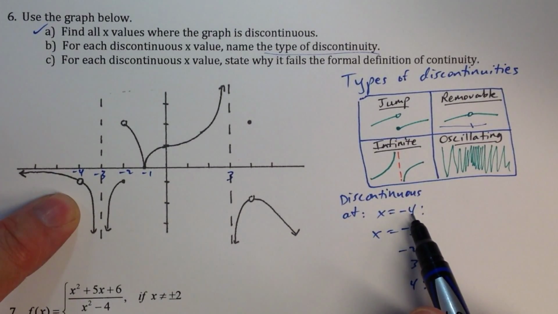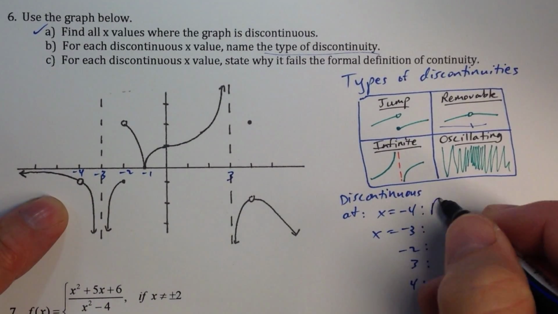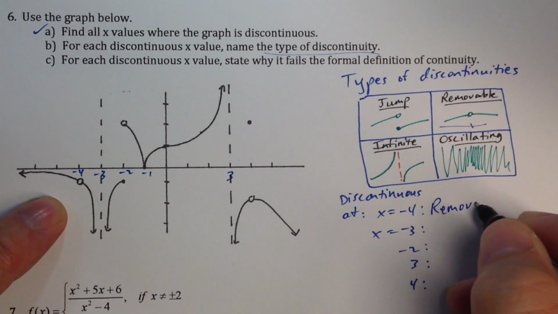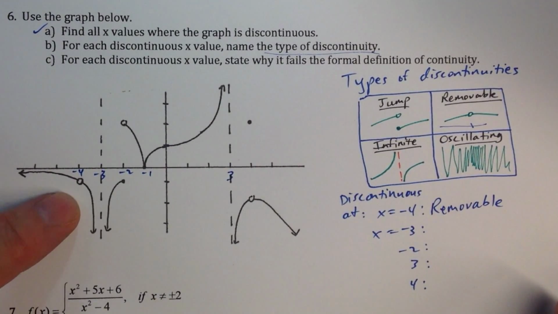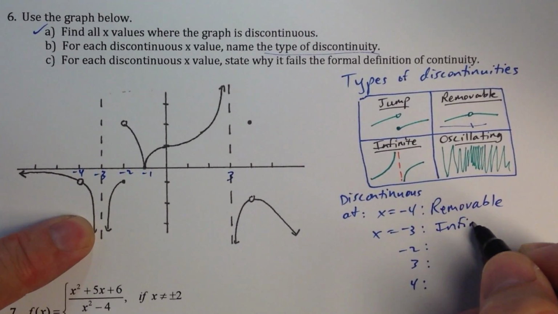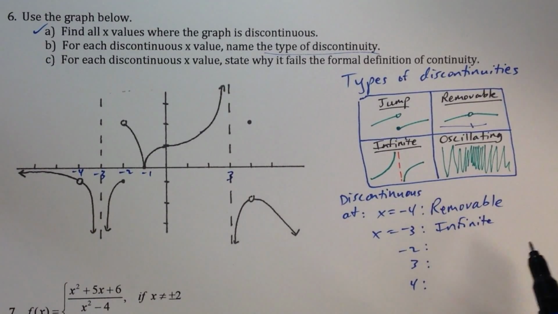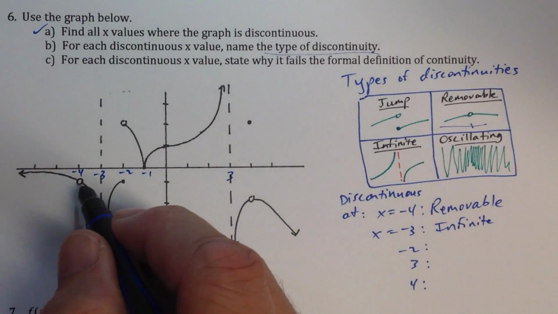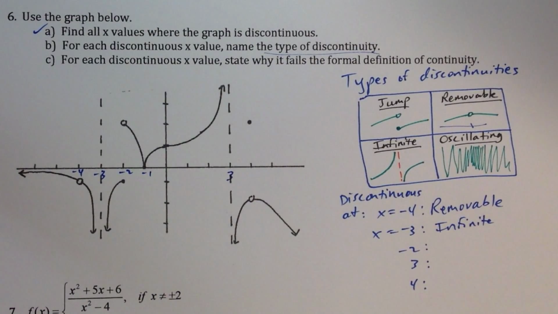Okay, so let's take a look at the first one. At x equals -4, we can see that the limit exists. There's only a hole there, so we're going to call that a removable discontinuity. Where we have a vertical asymptote, we would always call that an infinite discontinuity. And one other thing to keep in mind, a removable one would be if you can just place your pencil right in one little dot to make it continuous.